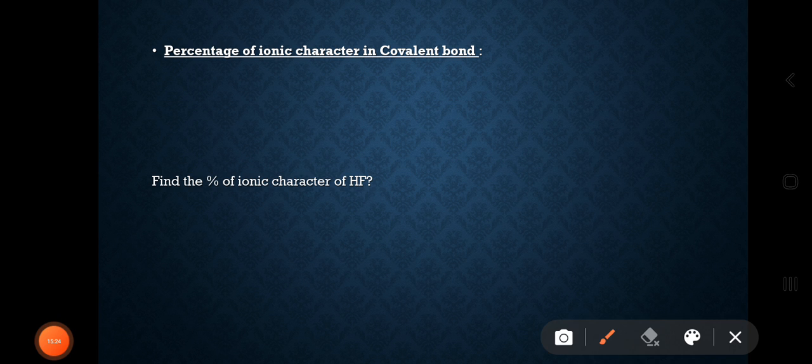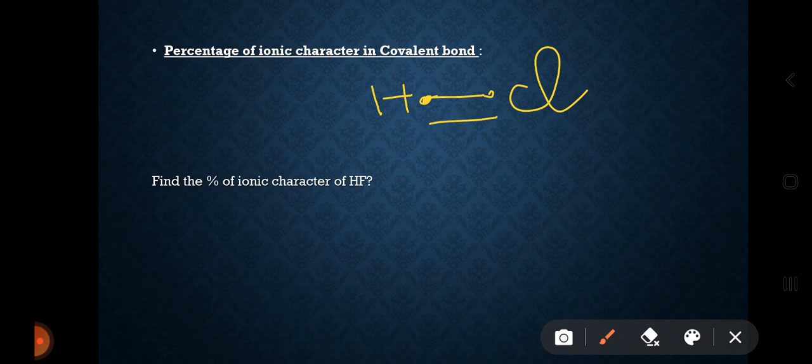Next is the application of electronegativity in the percentage of ionic character. Here HCl, as I gave the example in the beginning, has a covalent bond existing between H and Cl. Now as I have said, if Cl attracts the electron towards itself, it gains a partial negative charge and hydrogen gains a partial positive charge.